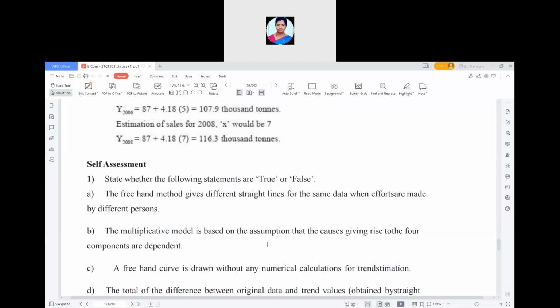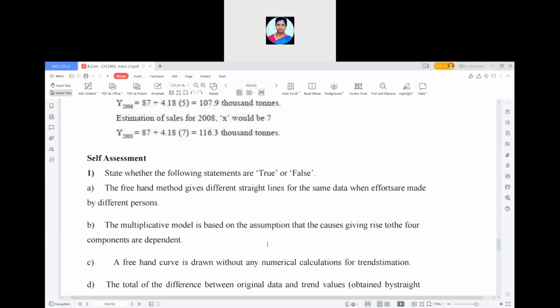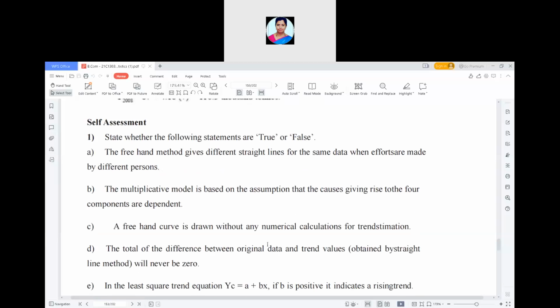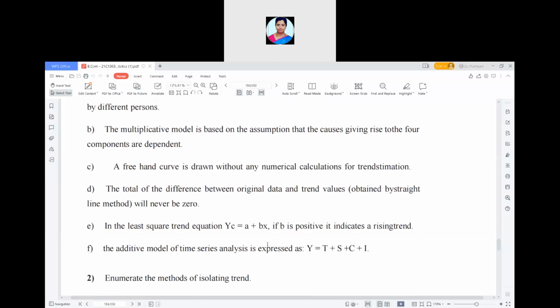So freehand curve is drawn without any normal calculations or trend section. So this is true or false, we have to say. Similarly, the total of differences between the original and trend values will never be 0.